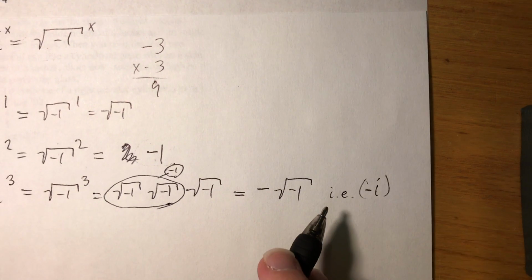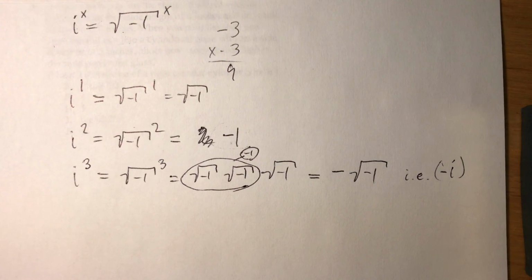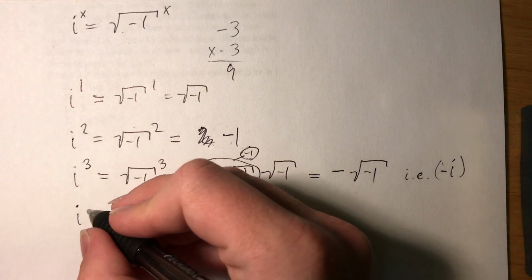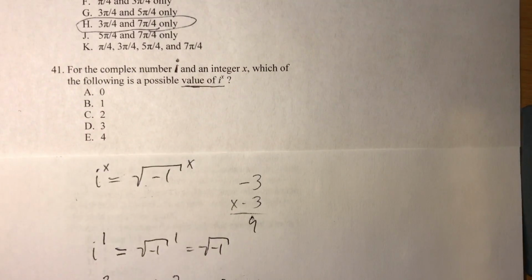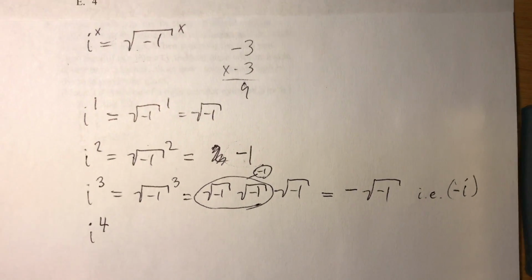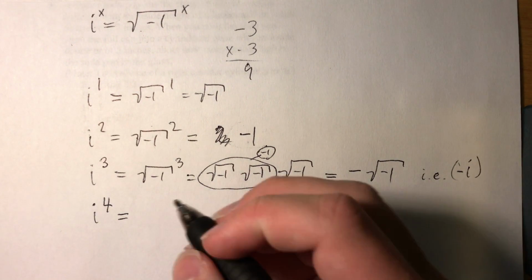I probably shouldn't have used "i.e." since we're talking about i's, but oh well. Unfortunately, -i is not one of our answer choices. Let's keep going. I hope you're not discouraged yet, because the answer is coming.